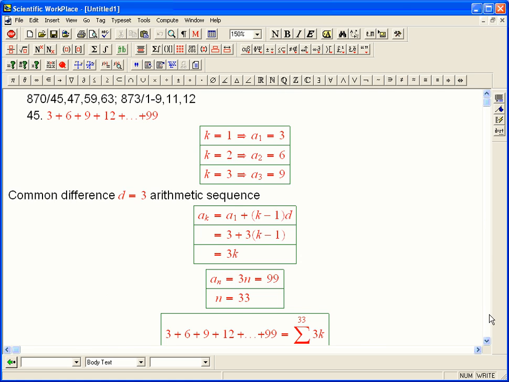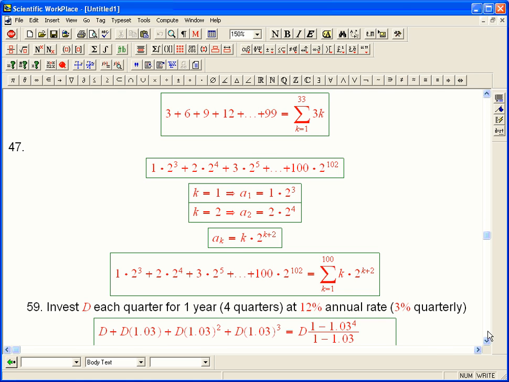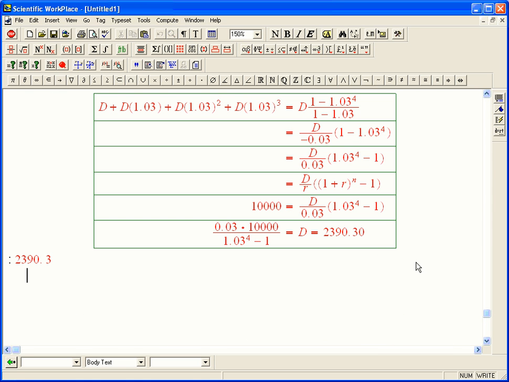Okay, and one more before I quit this video. 63. Oh yeah, just a sum of an infinite geometric series. 1 plus 1 over 3 to the 1/2 plus 1 over 3 plus 1 over 3 to the 3/2 plus dot dot dot.